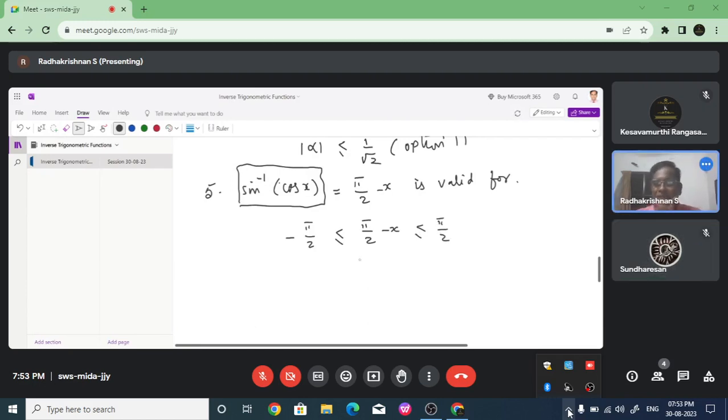Okay, so now we need the range for x, right? So how do you get the range for x now? You simply subtract pi by 2. So this will become minus x, right?